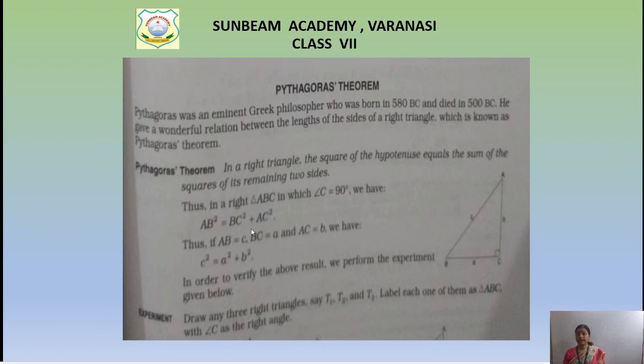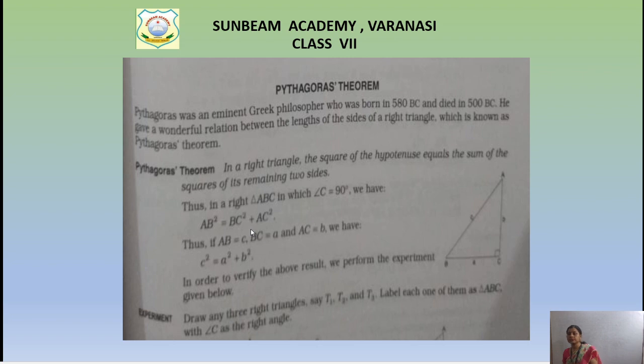Pythagoras was an eminent Greek philosopher. Who is he? An eminent Greek philosopher who was born in 580 BC. He gave a wonderful relation between the lengths of the sides of a right triangle, which is known as Pythagoras theorem.